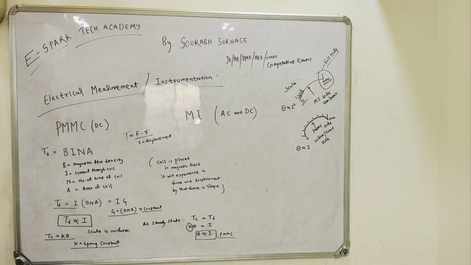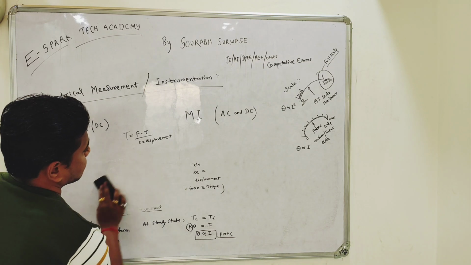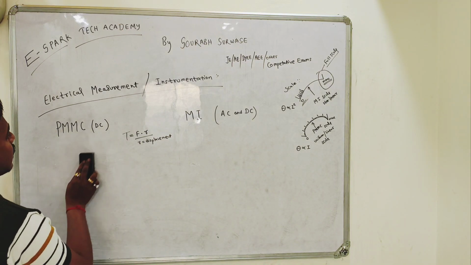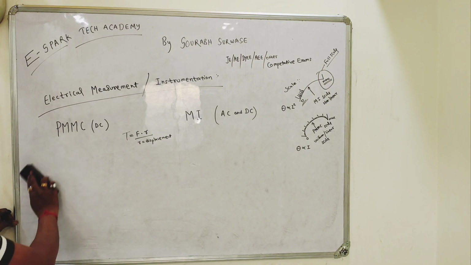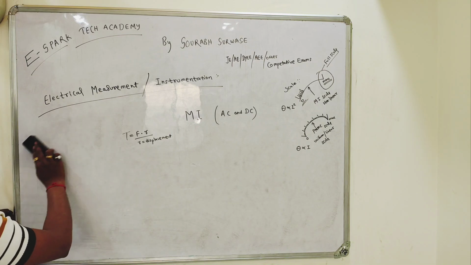Now I will be deriving the MI moving iron instrument deflecting torque. And PMMC is used only for DC. Already I have explained you.